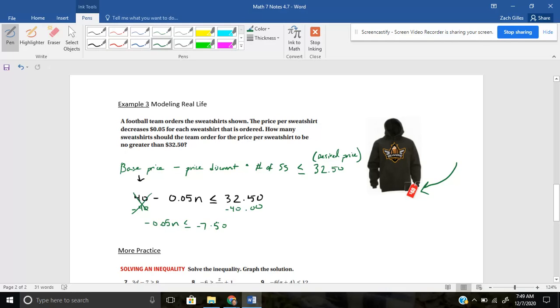Okay. Last step, how do I get n all alone? Well, right now it's being multiplied by negative 0.05, so I need to divide by negative 0.05. So essentially this is saying how many nickels go into $7.50.